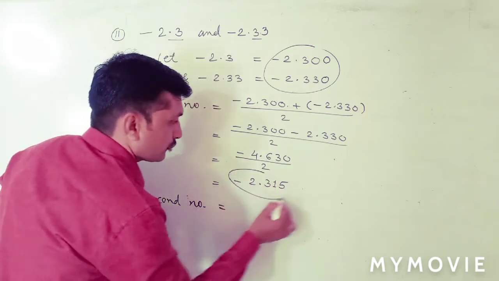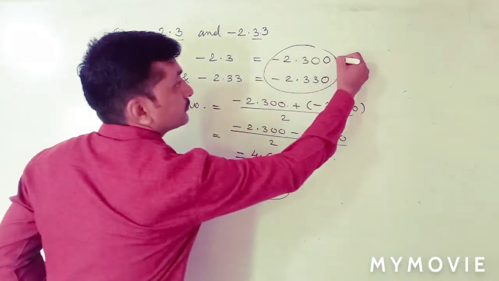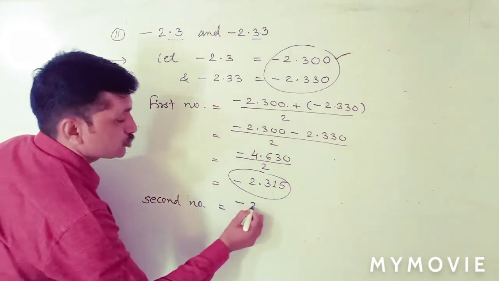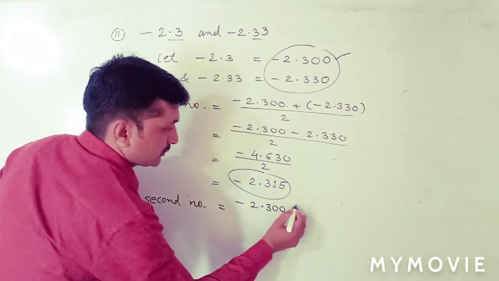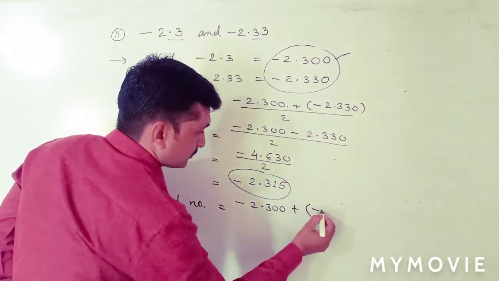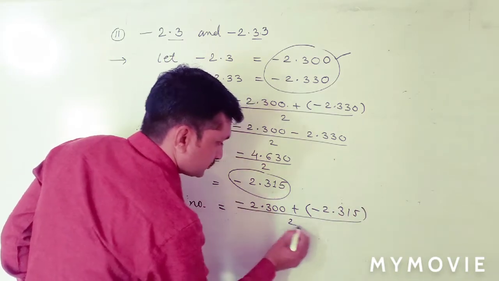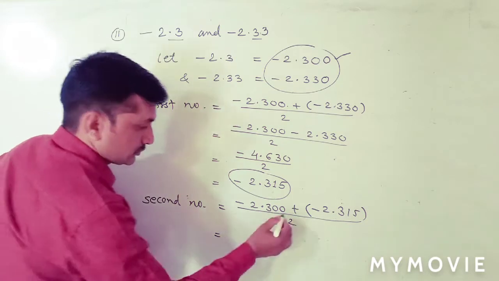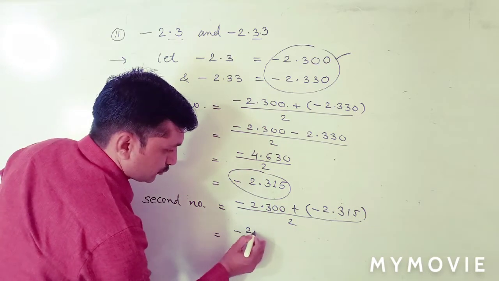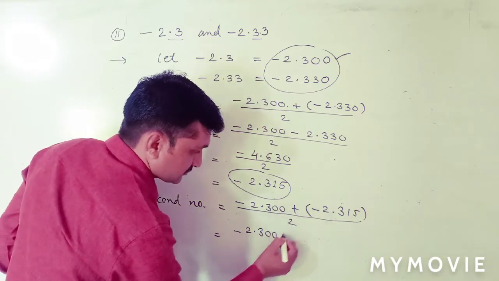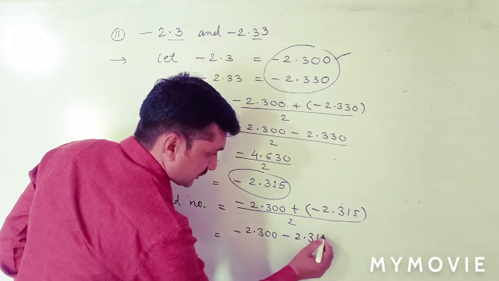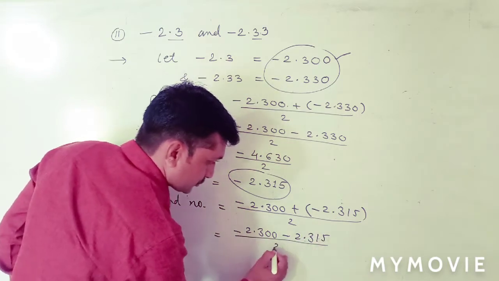Now take the average of this and this. Minus 2.300 plus in bracket minus 2.315, divided by 2, is equal to minus 2.300 plus minus 2.315, divided by 2.